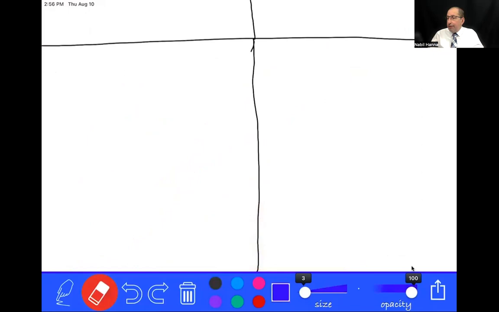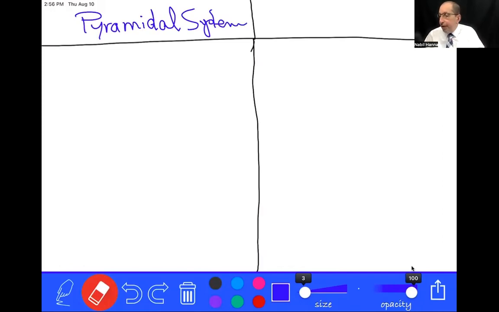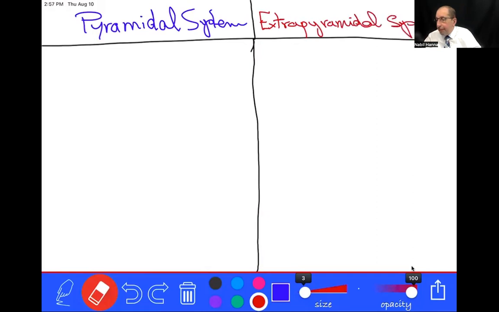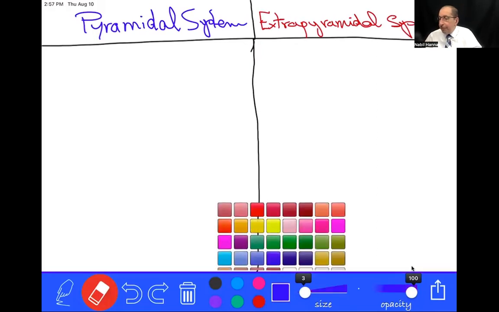I'm going to use the same colors that I used in drawing. So here I'm going to use the pyramidal in blue, and in red, I'm going to use the extrapyramidal. Okay.